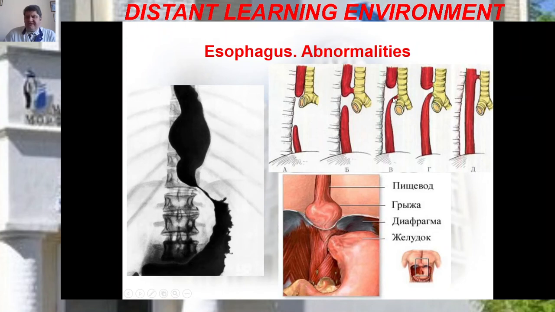And also you can see the stoma between the distal part of the esophagus and the trachea. On this picture you may see two stomas, between the proximal esophagus and the distal esophagus with the trachea. And also on the last picture you can see the absence of atresia, but you may see this stoma, the connection with the trachea.